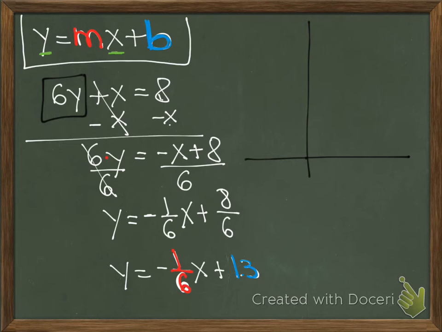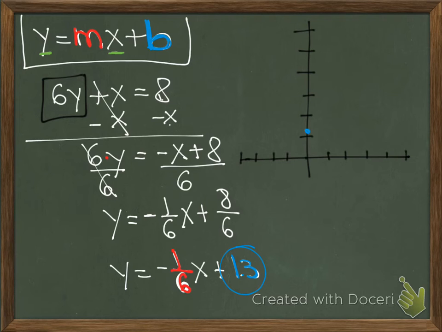So let's go back and put 1, 2, 3, 4, 5, 6. I hope I have enough lines. We'll figure it out. First of all, I'm going to mark my y-intercept. This is 1 and a third, probably somewhere like here.